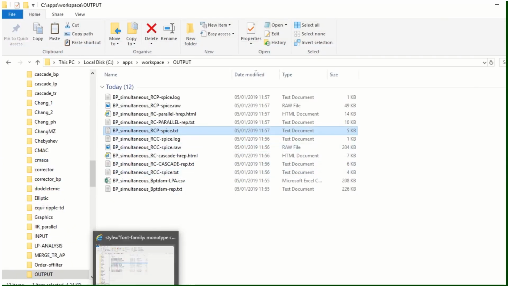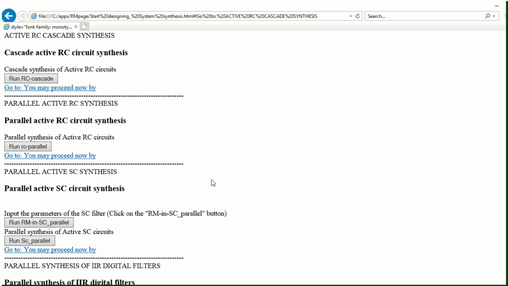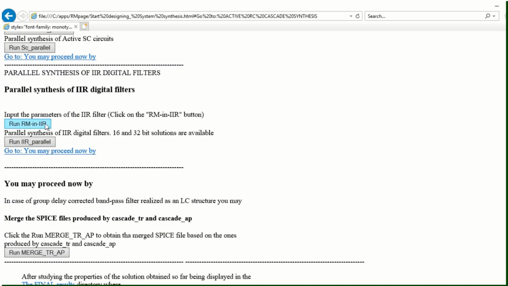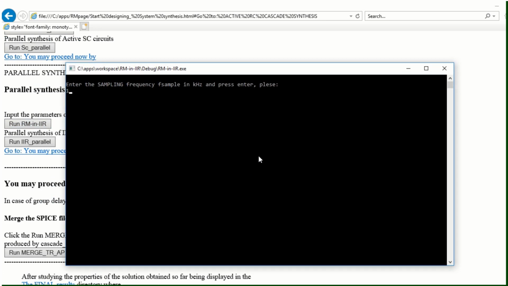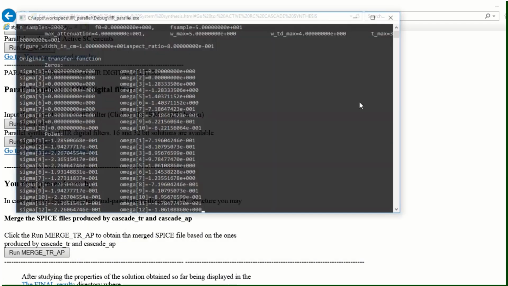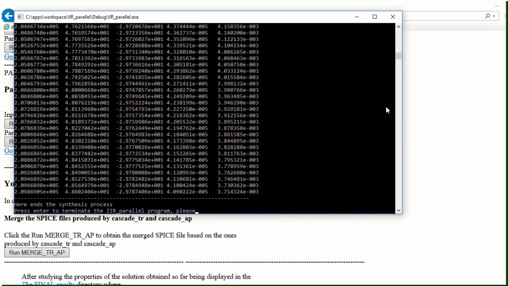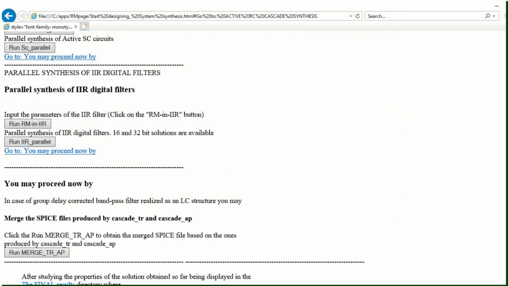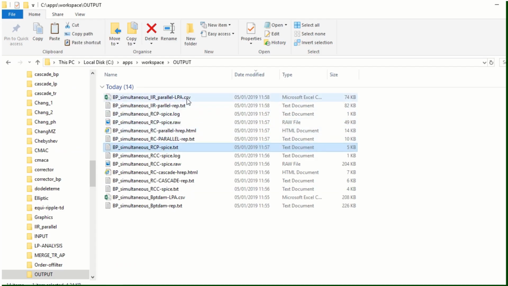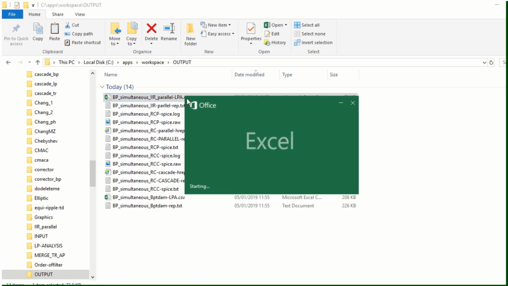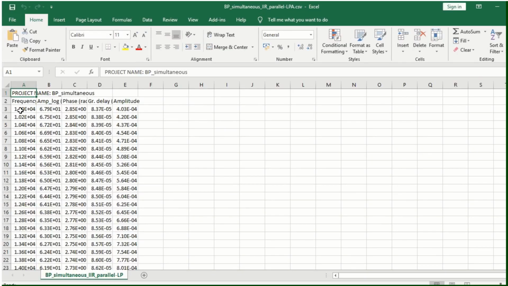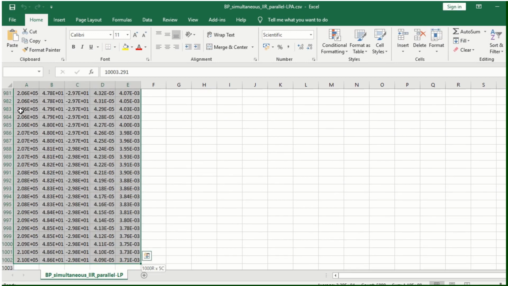Now we will go for the digital first. 10 megahertz sampling. And we will look for the CSV file. This is the response of the digital filter approximating simultaneously amplitude and phase.